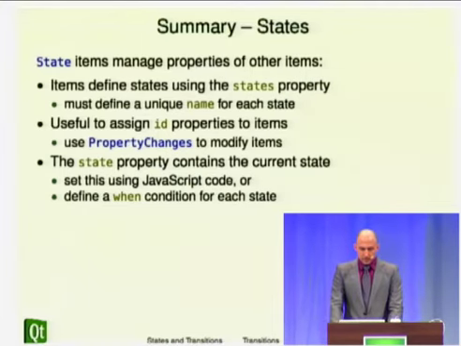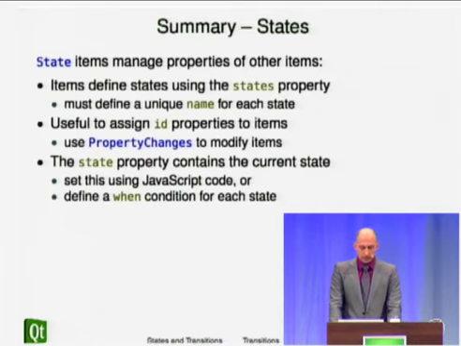Okay, so to summarize states, basically a state is a set of properties. And you specify them using the states property, plural, which is a list of states. You have a unique name for each state. You generally assign IDs so you can reference them.